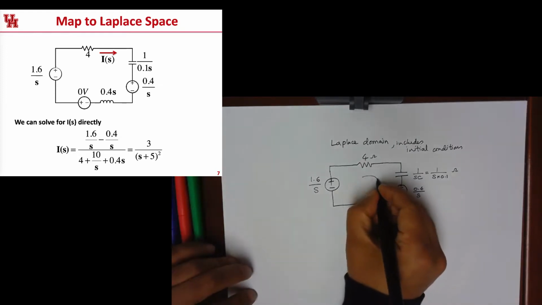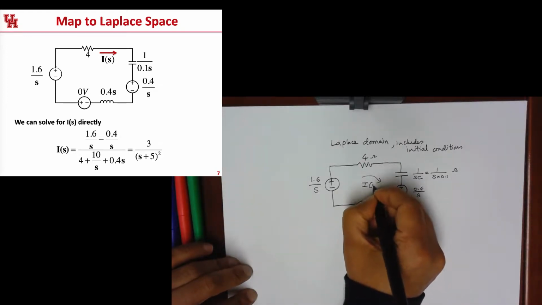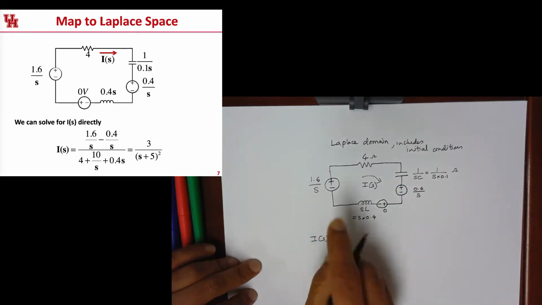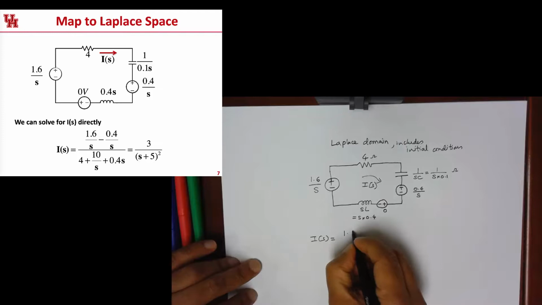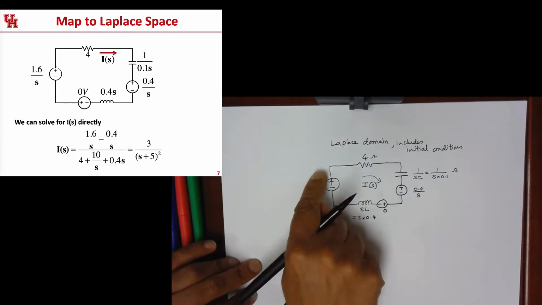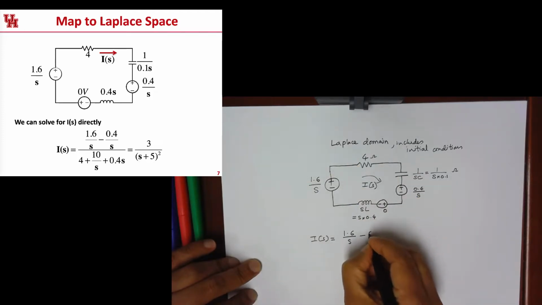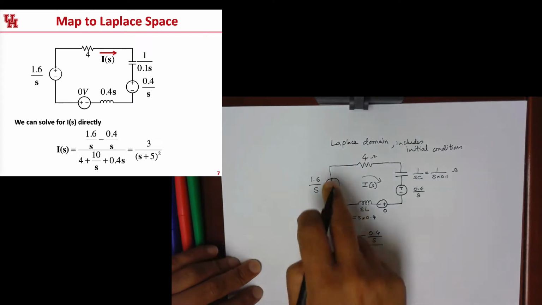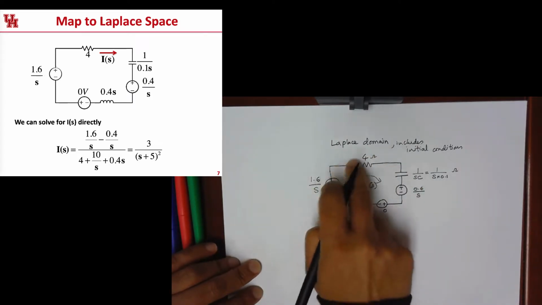So if the current through this is given by Is, Is is simply given by the total voltage, which is 1.6 divided by S, minus 0.4 divided by S, divided by the total impedance along this path.